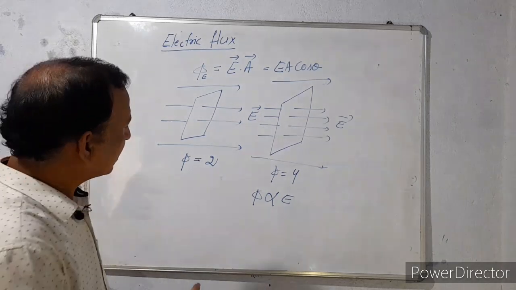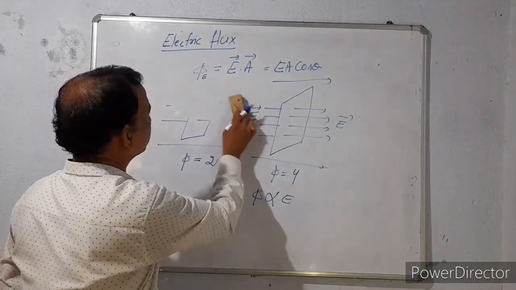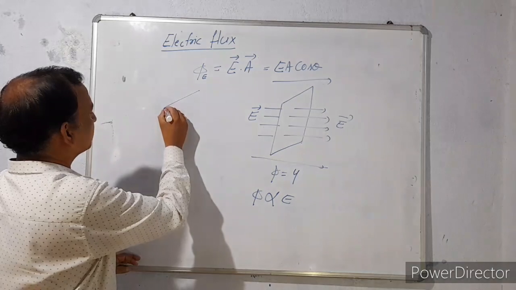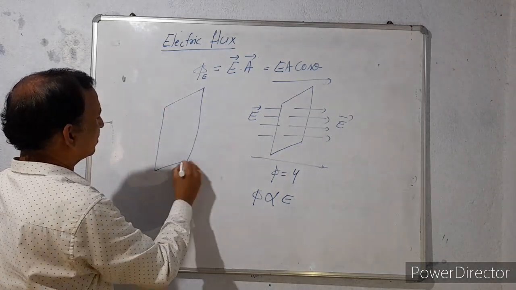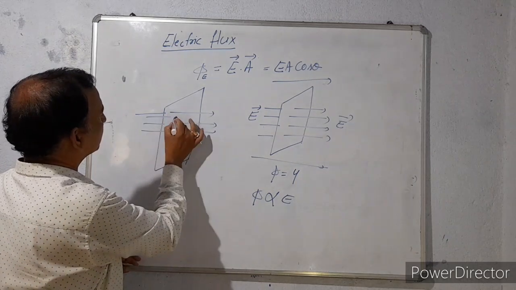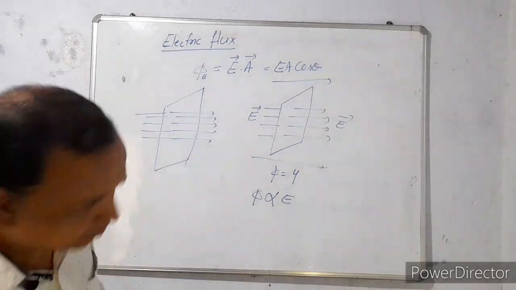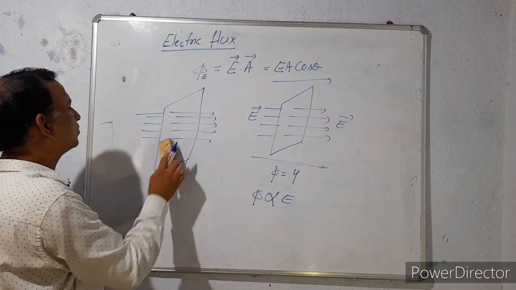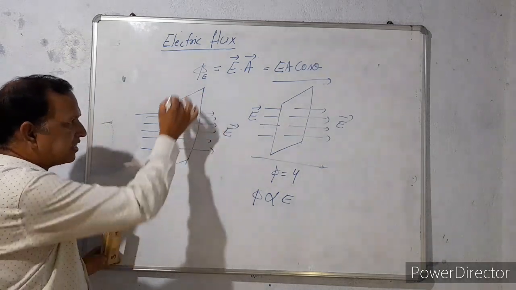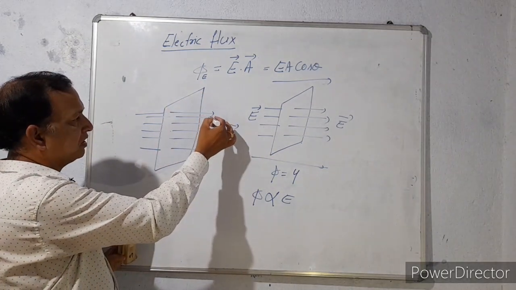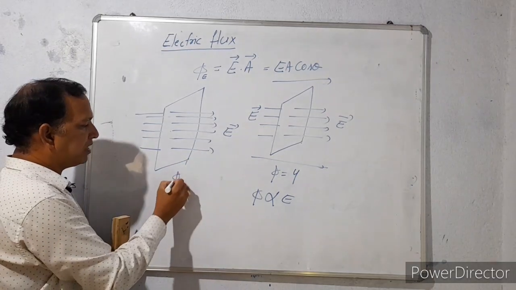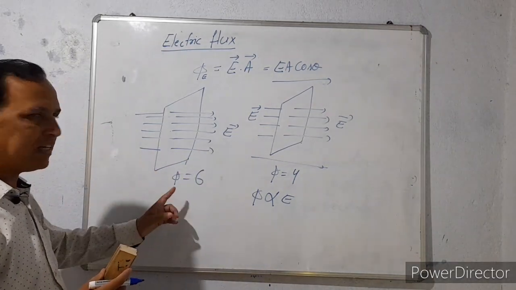Another case. If area is increased, the number of field lines passing through the area also increased, that is the value is 6, value phi 6, clear?